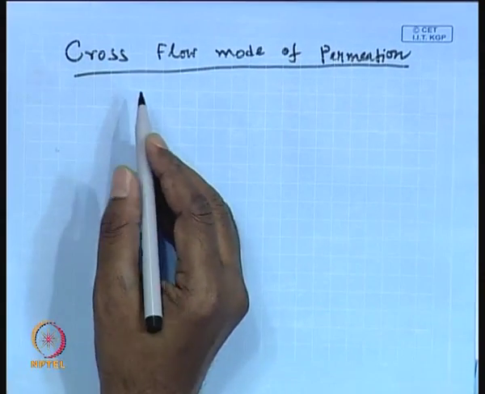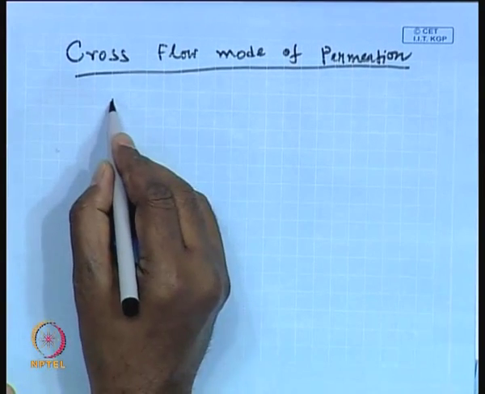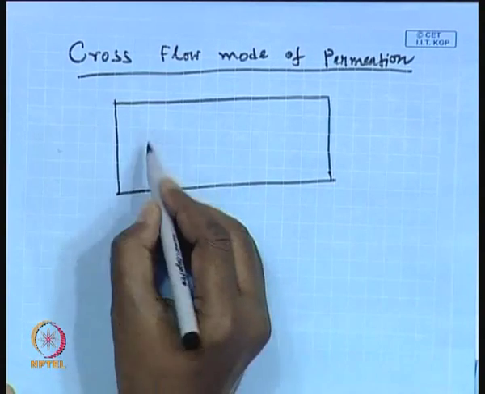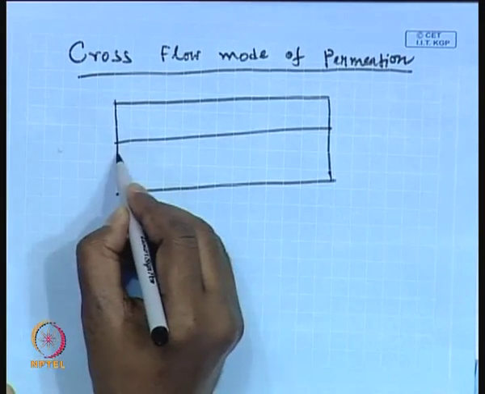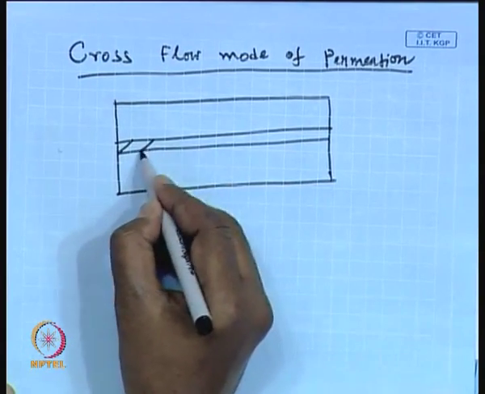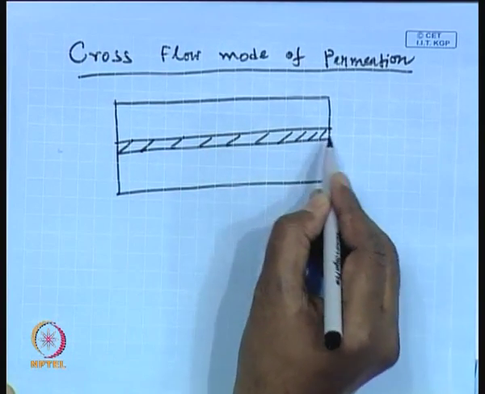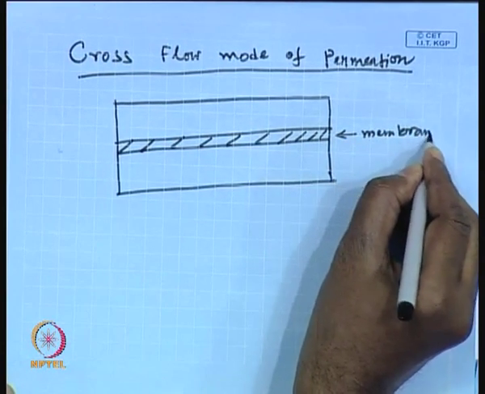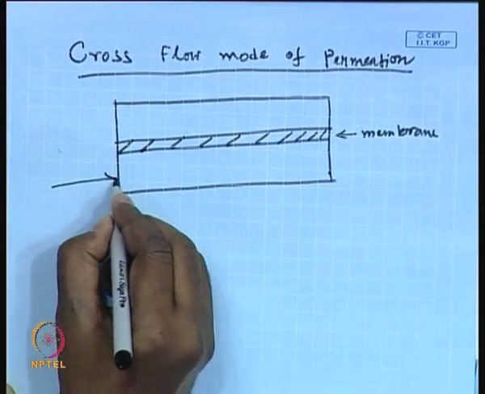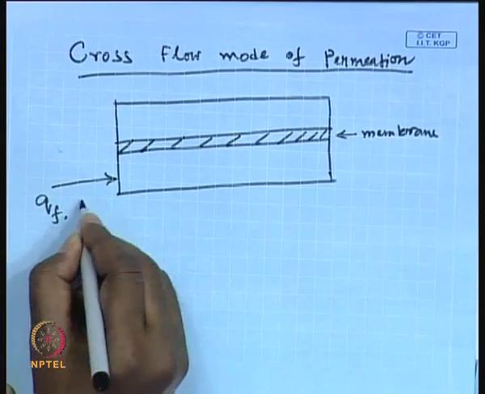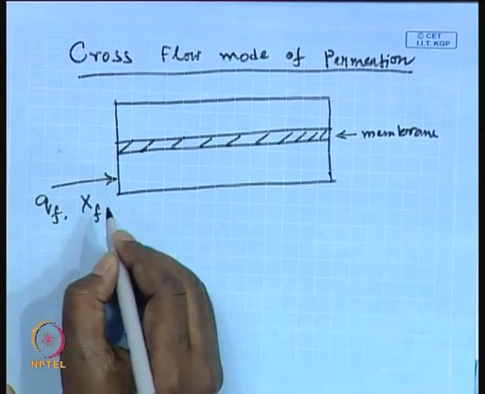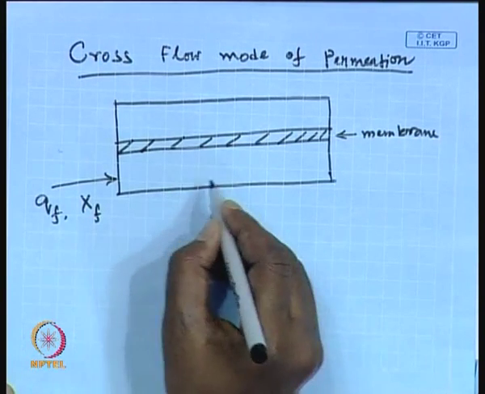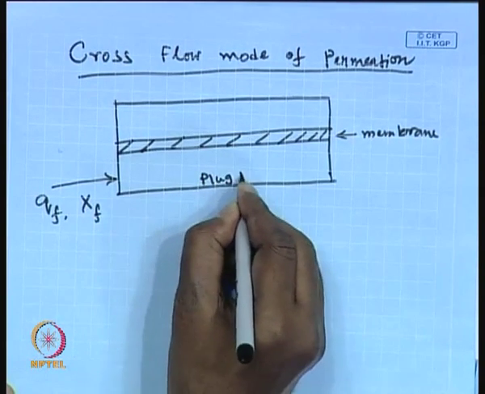Okay. So, in this system, let me draw a schematic first. So, this is the membrane, and your feed at high pressure with a flow rate Qf and Xf is the composition, the mole fraction of A in the feed, and it is a plug flow that occurs here.